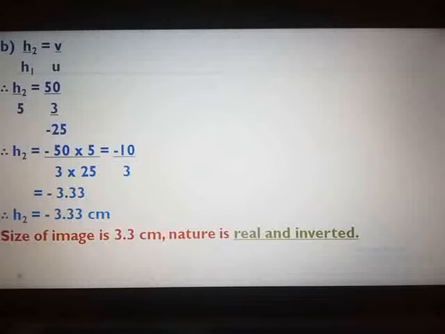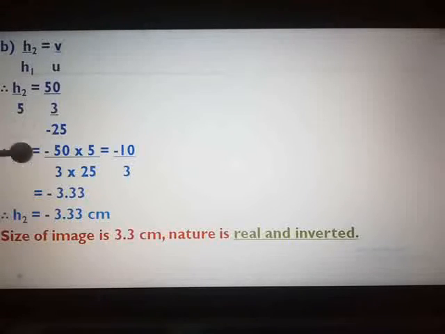Next, you have to find the value h2. So you are going to use the formula h2 upon h1 is equal to v upon u. Substitute the values. h2 you have to find out. Keep it as it is. h2 upon h1, which is 5, is equal to v. Now v, instead of taking 16.7, you are going to take 50 upon 3. Just now you have got it, upon u, minus 25.